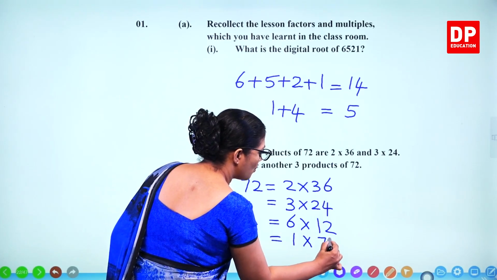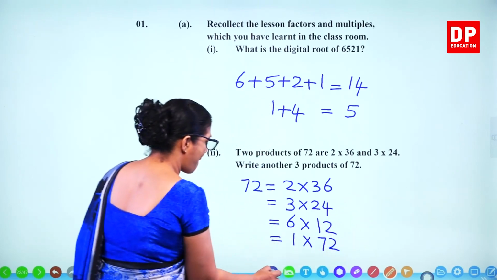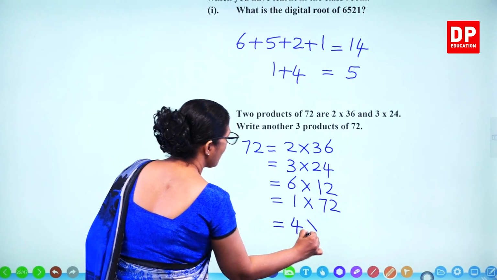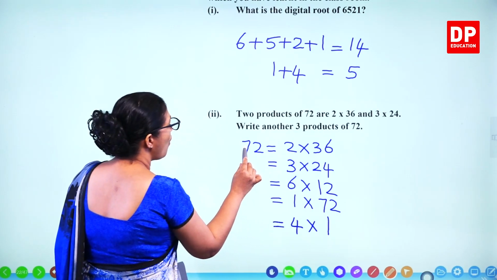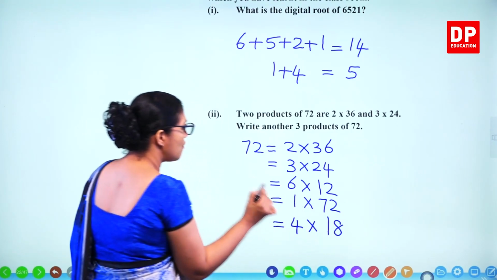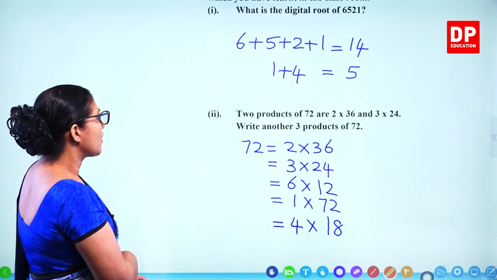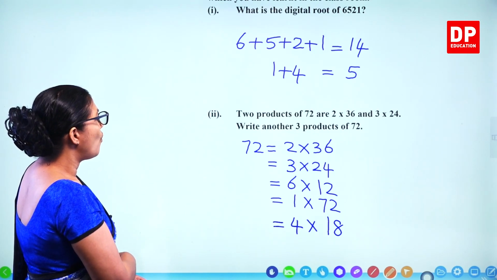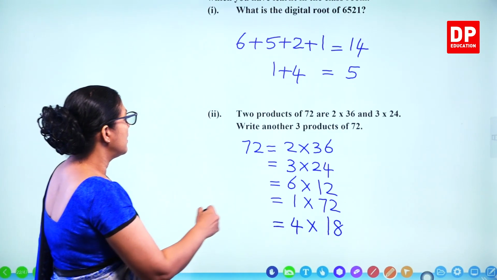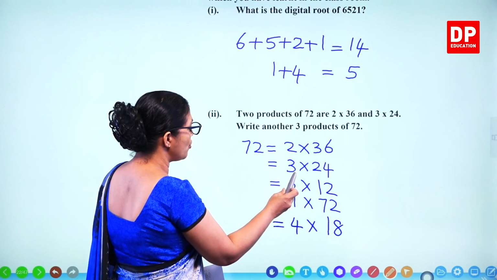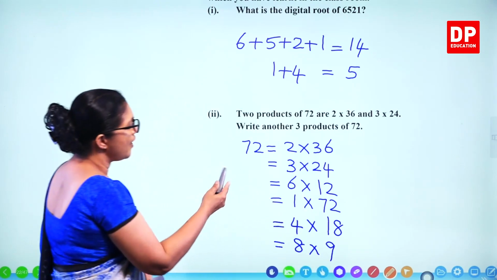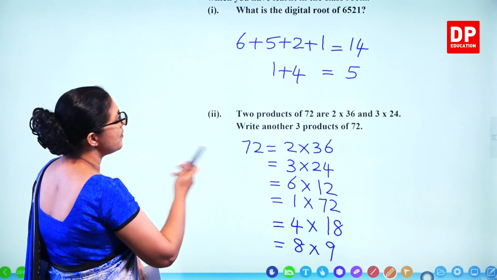Or you can write 4 into 18. What else? 4, then 6 we wrote, and 8. 8 times 9 you can also write. So you can write any 3 from these.